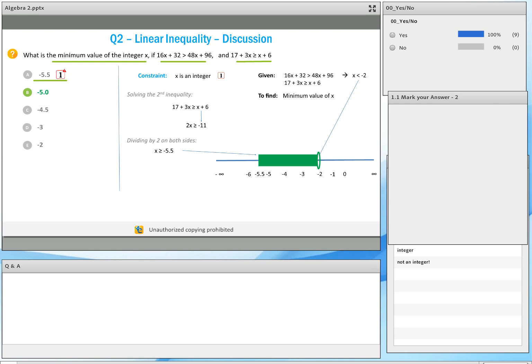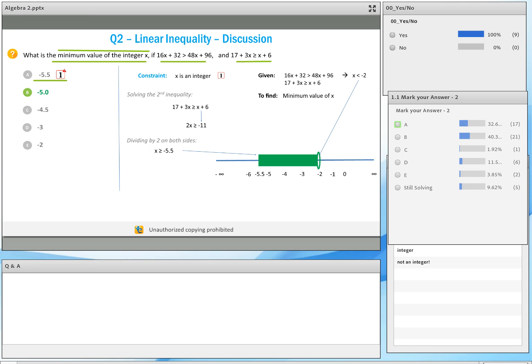So what I would say is that most of you got this question wrong because you didn't pay attention to what's given. For those of you who selected minus 3, you took the maximum value of integer x. You didn't pay attention to the fact that this is a negative number, so the minimum value is actually the larger absolute number here.